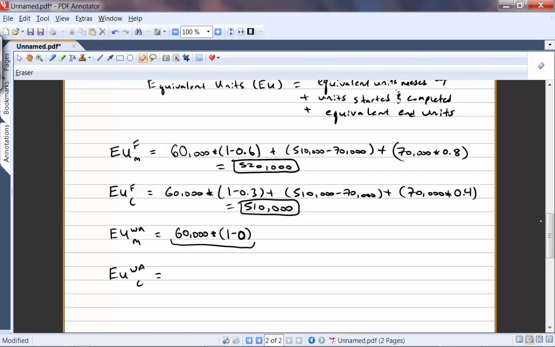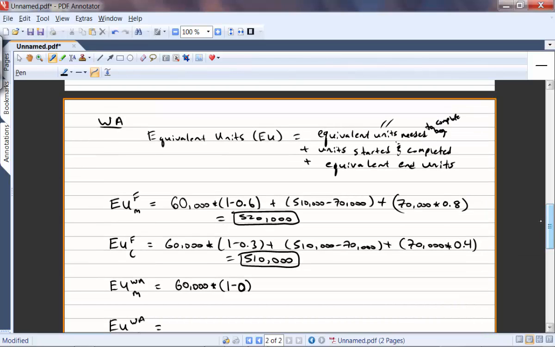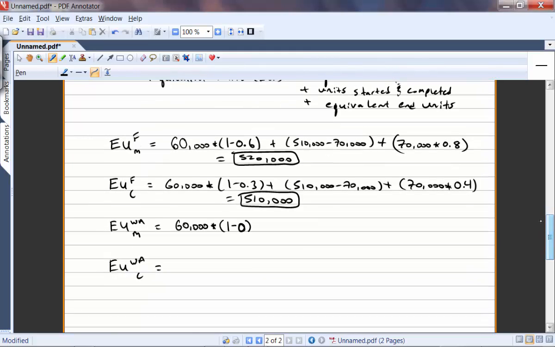Hopefully that makes sense. So you can see that this first thing right here is just beginning inventory. Plus units started and completed, plus equivalent ending units. So the last two parts are the same as the last two parts for FIFO. It's just the first part that is different. And you end up getting 556,000.